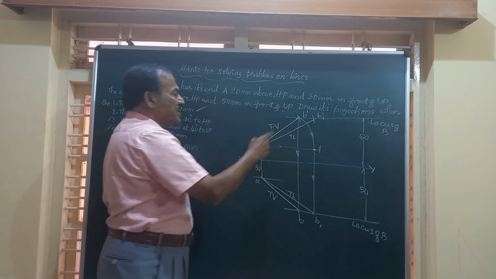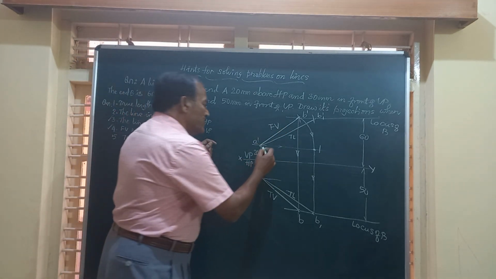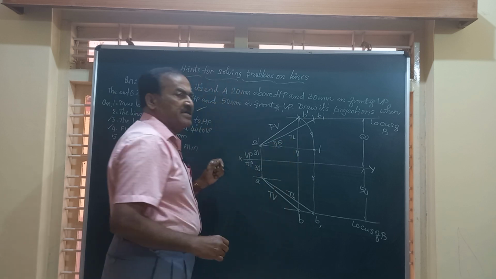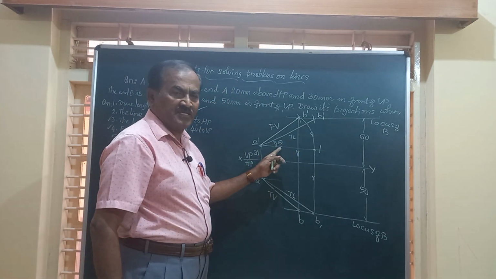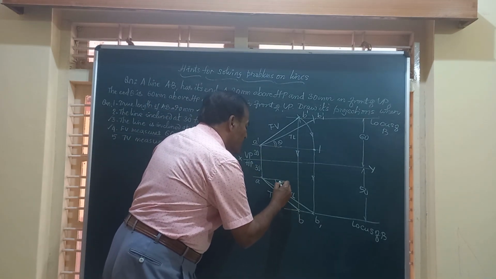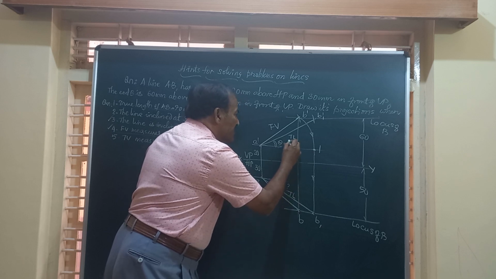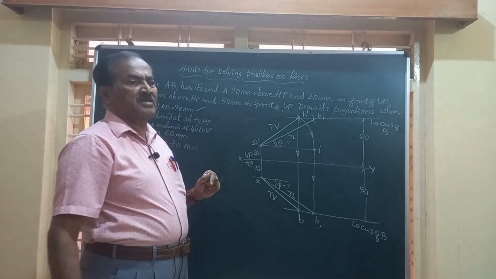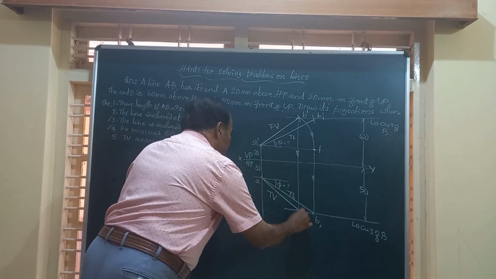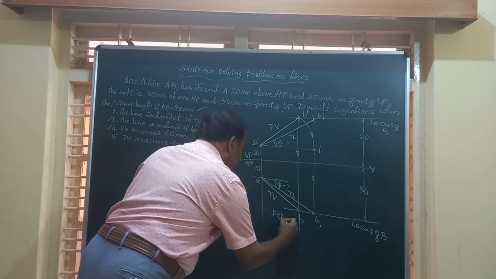Once you know the true length, A dash B1 dash and AB1, you can very easily measure the angle made by the line with HP, that is theta. What is the angle made by the true length line with VP? That is called phi. You can measure phi, you can measure theta, and you can also measure the distance between these two projectors, called end projectors, that is DEP.